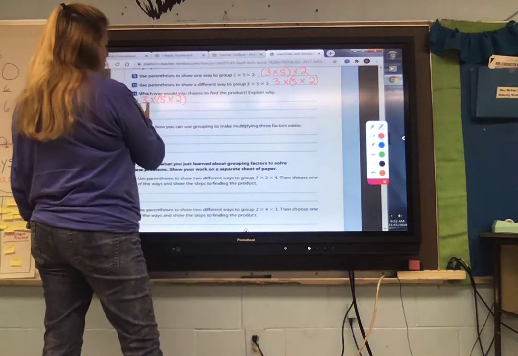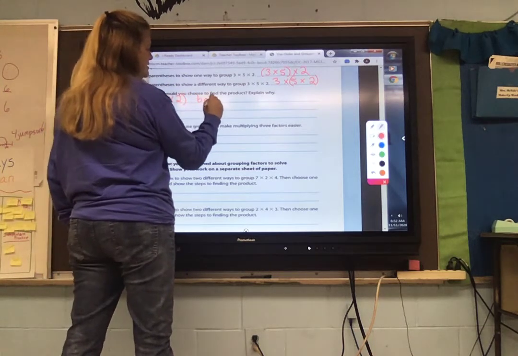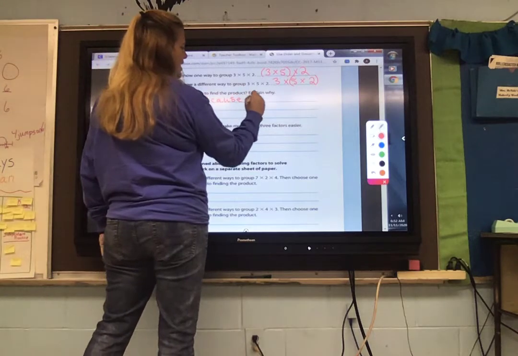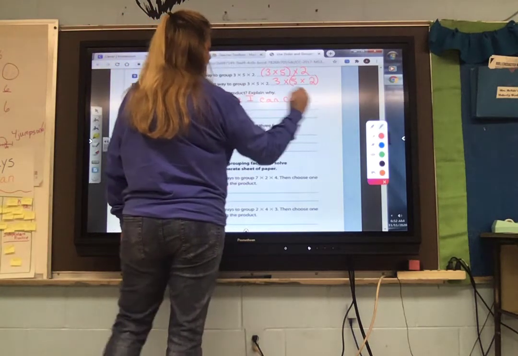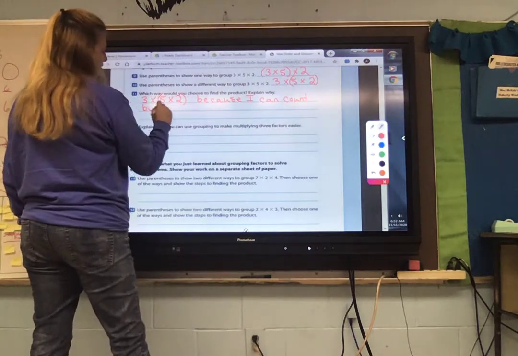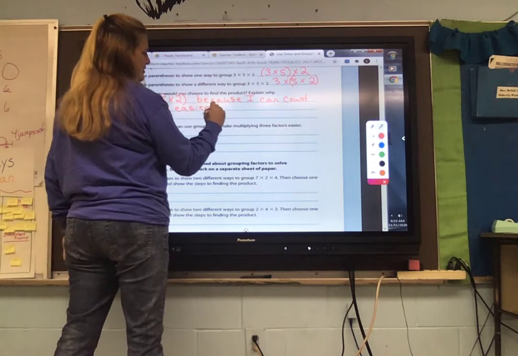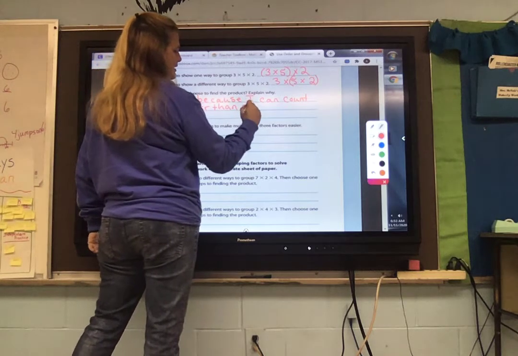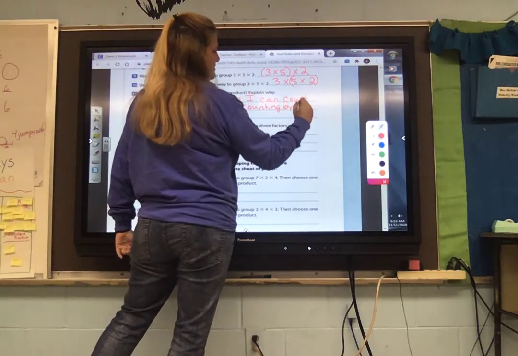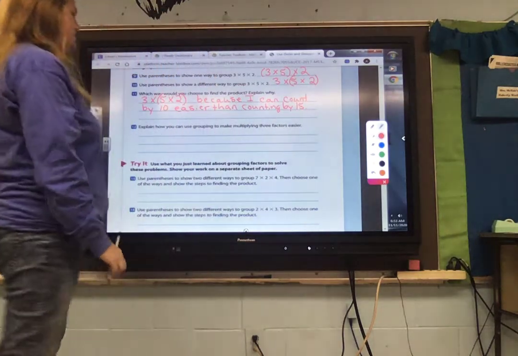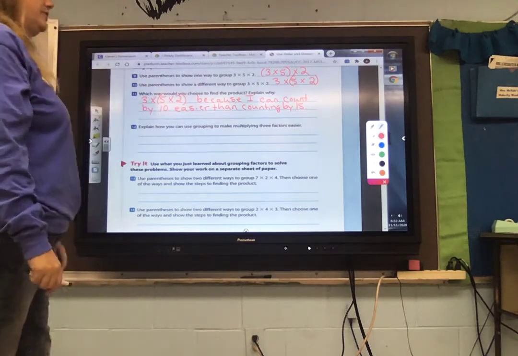So I would choose 3 times, parentheses, 5 times 2, because I can count by 10 easier than counting by 15. That's my personal reason on why I would choose this way, versus the 3 times 5 first.